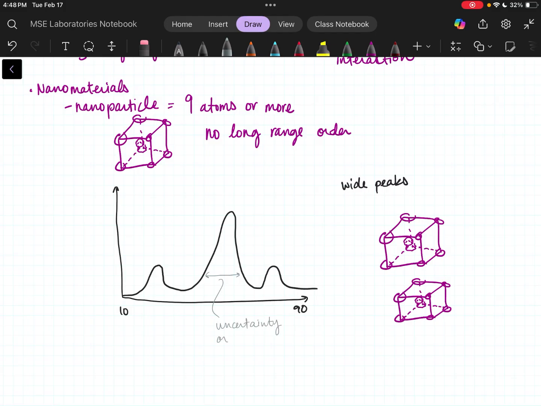So this distance here is indicative of uncertainty or irregularity in A, B, C, alpha, beta, gamma, etc.